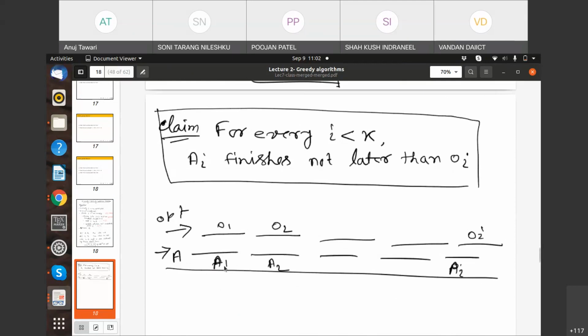So it is clear that Ai will finish not later than Oi using just the property of our algorithm. We want to use this observation to show that if K is the number of jobs here and M is the number of jobs here, then K equals M. So how will you show that?